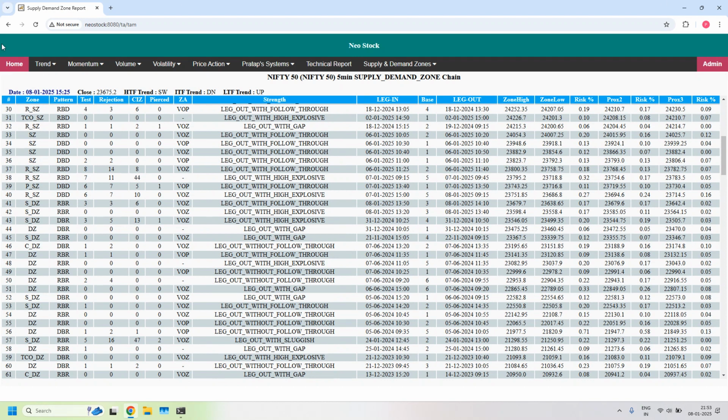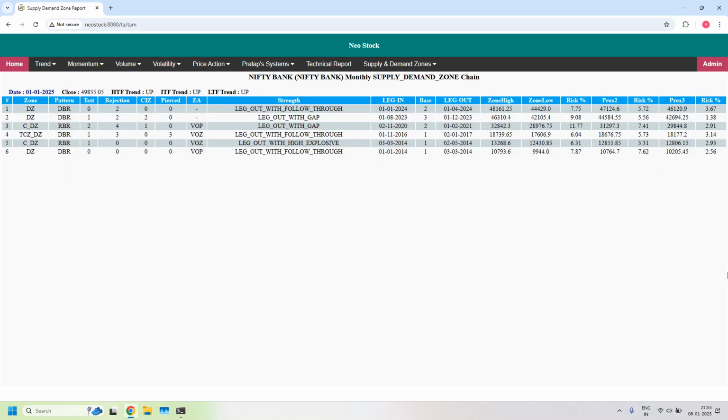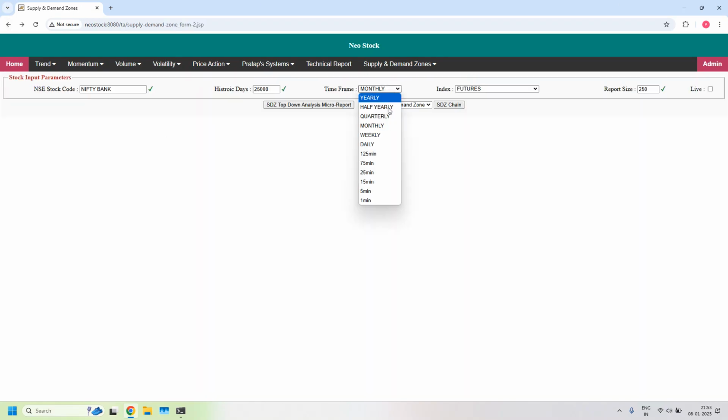Next, I will generate BANKNIFTY supply demand zone chain. That is nothing but NIFTY Bank. So generating a monthly supply demand zone chain for BANKNIFTY. Next, weekly supply demand zone chain for BANKNIFTY.